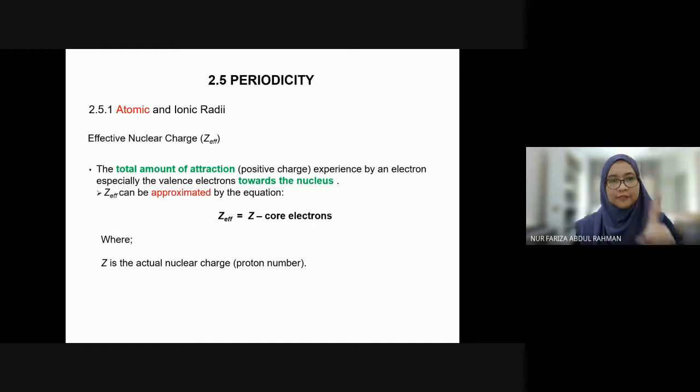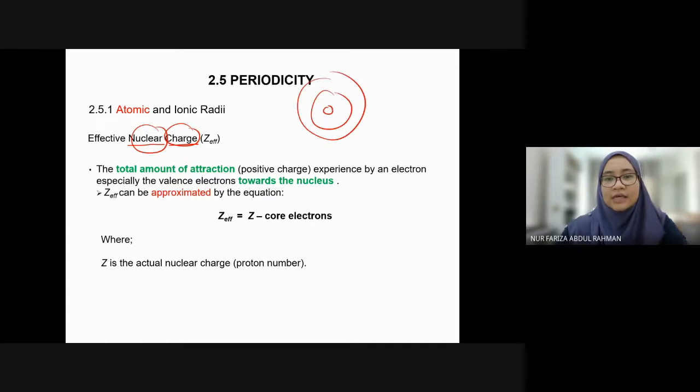Okay, so first factor is known as effective nuclear charge. Nuclear means nucleus, charge means the charge of the nucleus. So we know that in the nucleus, assume this is a nucleus, we have proton and neutron.